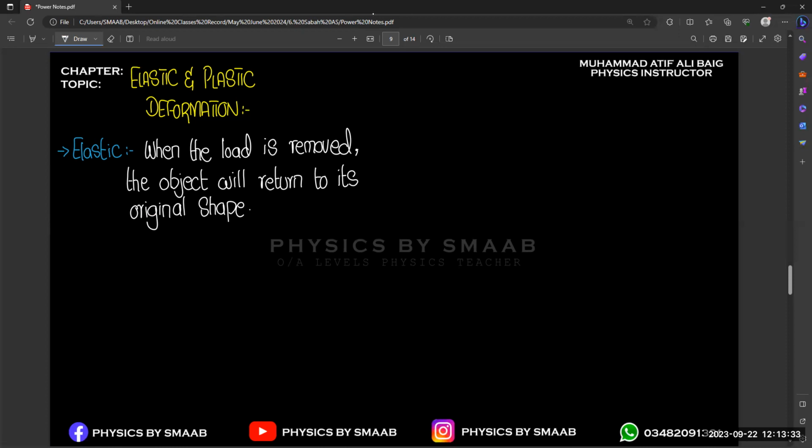So basically, in elastic deformation, we only talk about the concept of elastic limit or limit of proportionality. After that, Hooke's law will not apply. But in plastic deformation, when we try to stretch or extend the length of that plastic, it will change its shape and it will not return back to its original shape or original length.